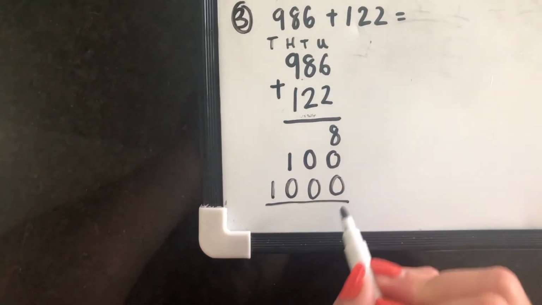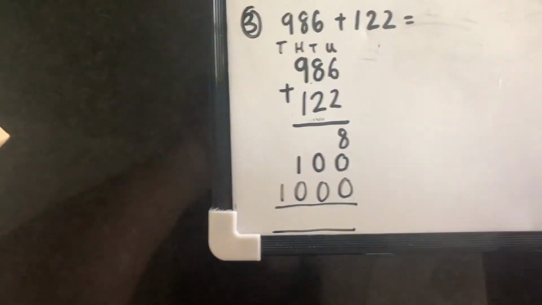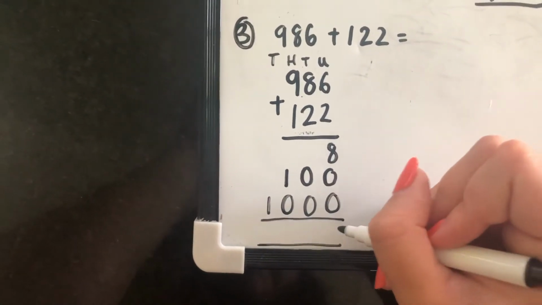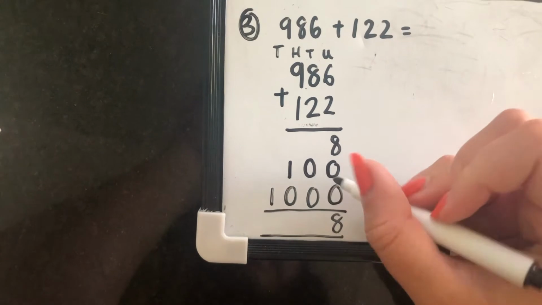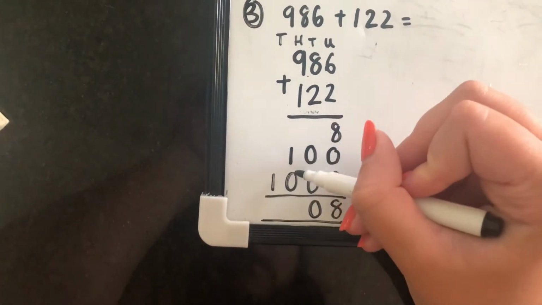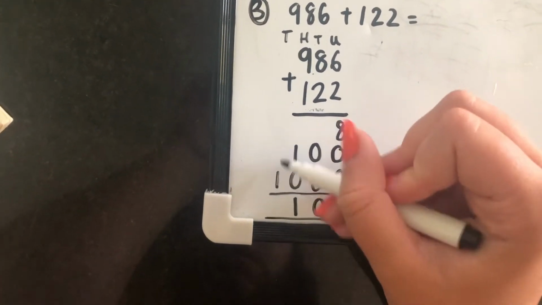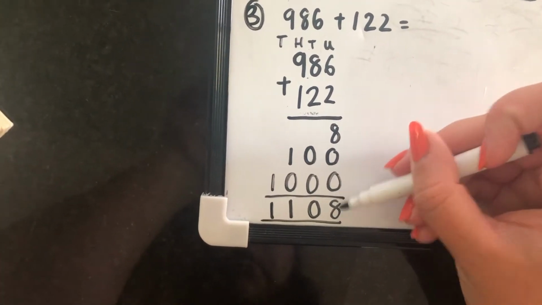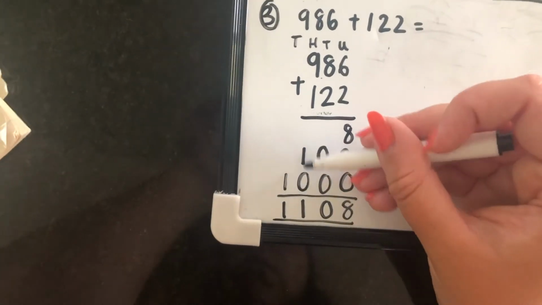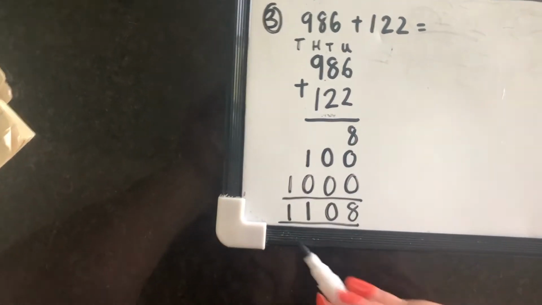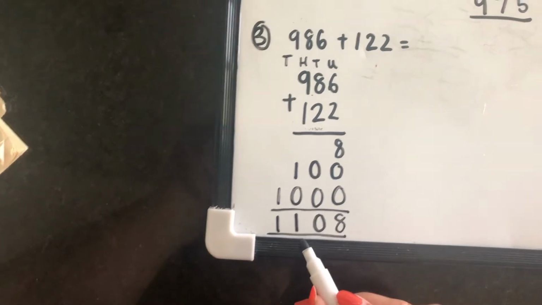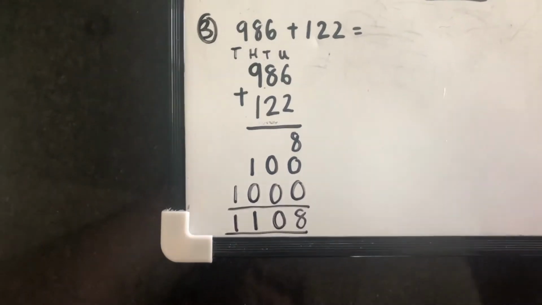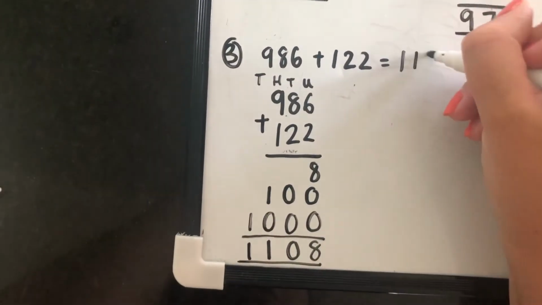Then we're going to add them up. 8 add 0 add 0, 0 add 0, 1 add 0, 1. 1000. So 8 units, 0 tens, 100, 1000. So we've got 1108.